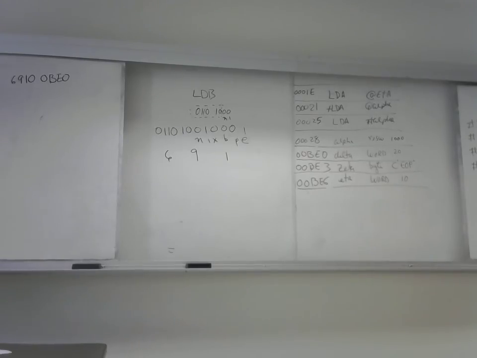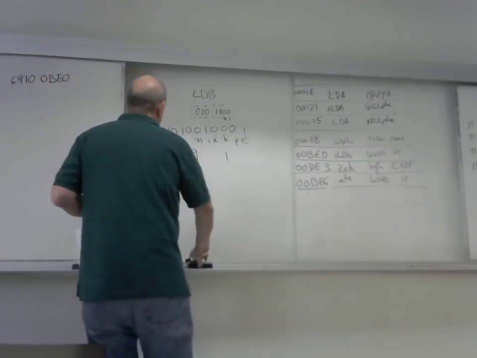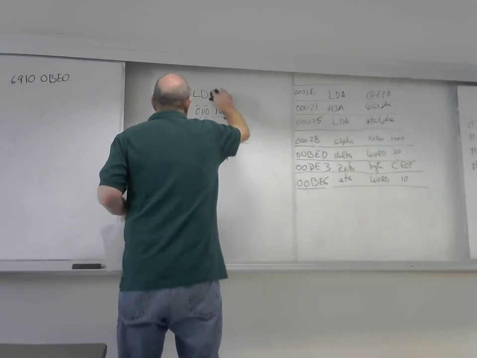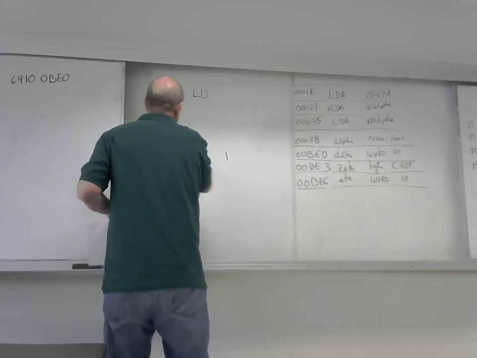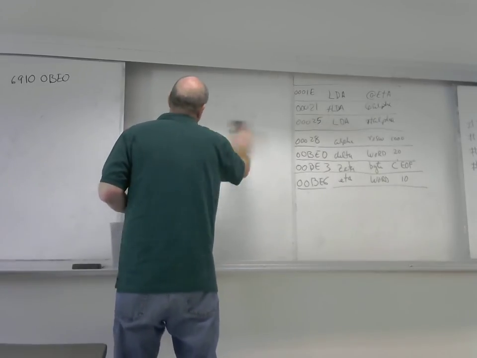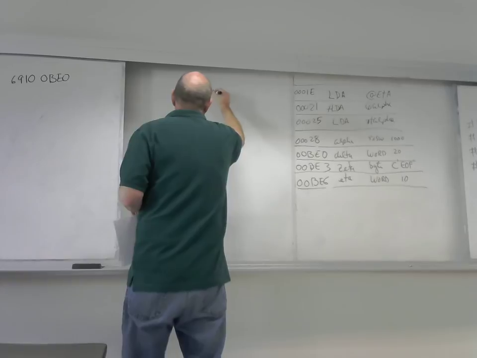Okay, continuing on. Let's move to the next one. LDA 1000. So I have different addressing modes here for you to look at. LDA. So the LDA code is 0, 0. So the rest of these are all LDA.